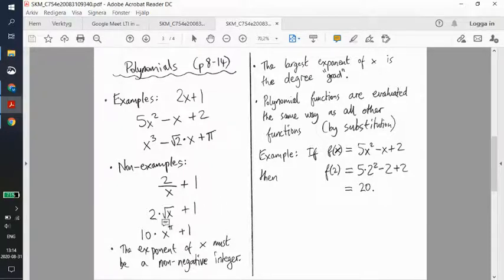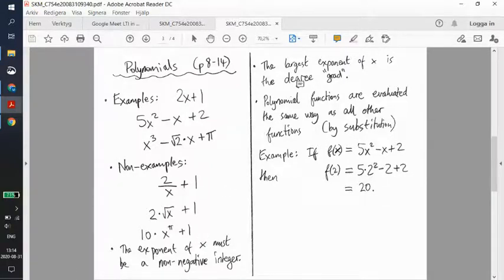Also, square root of x, if we write that in exponent form, then the exponent is 1/2, or 0.5. So again, that is not a polynomial, because it's not an integer. The Swedish for integer is heltal. And we know that pi is not an integer. So then this is not an example as well.